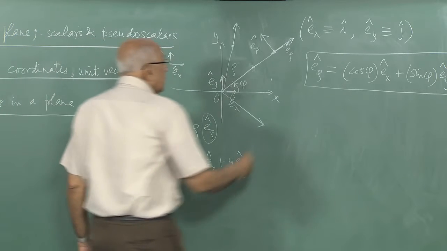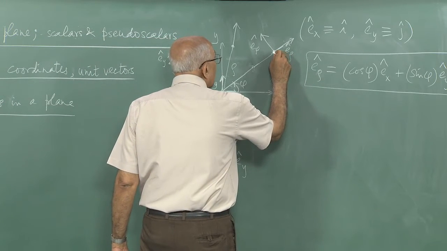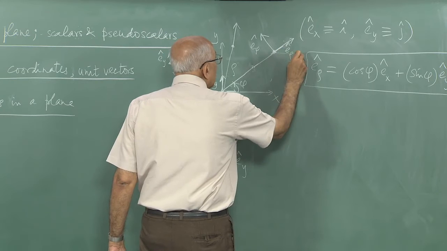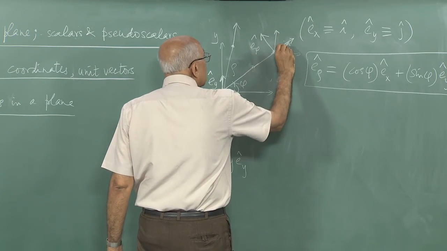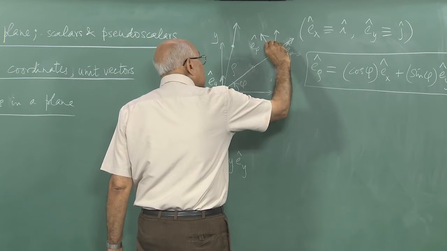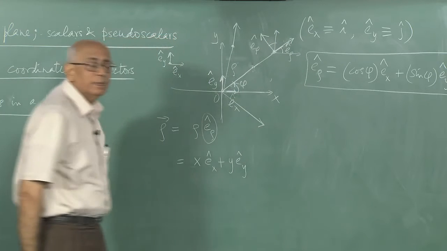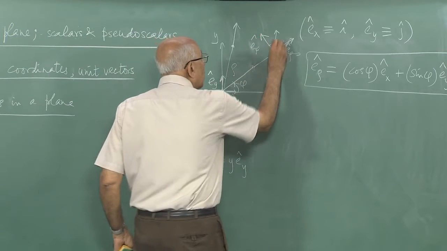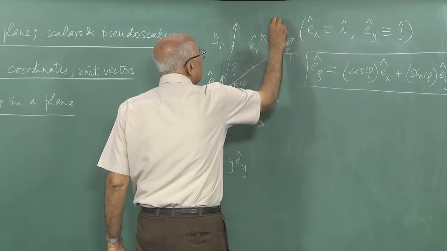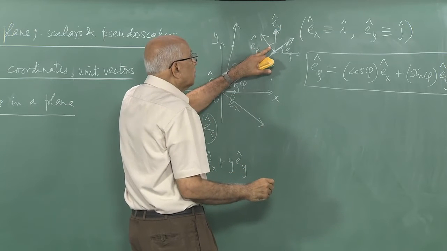Again, it is easy to see what it will look like in Cartesian coordinates in terms of Ex and Ey, because in the same figure, Ex is along here, Ey along here, this angle is phi, therefore this angle is phi immediately, and E phi has a component along Ey, and this angle is phi.